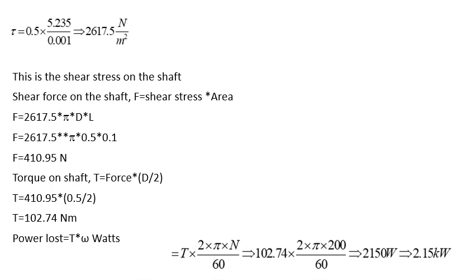The torque is 102.74, 2 into pi into the speed of the shaft 200 rpm divided by 60, that is rps. Then the answer is 2150 watt or 2.15 kilowatt. So this is the solution, to find out the power lost in a shaft.